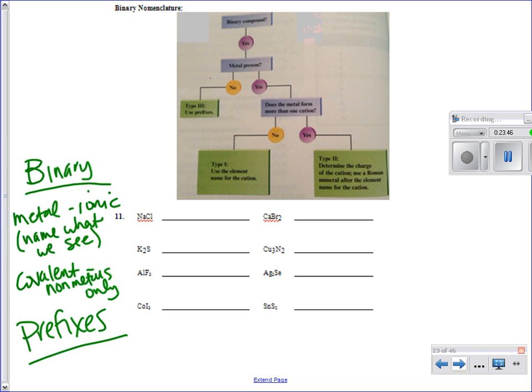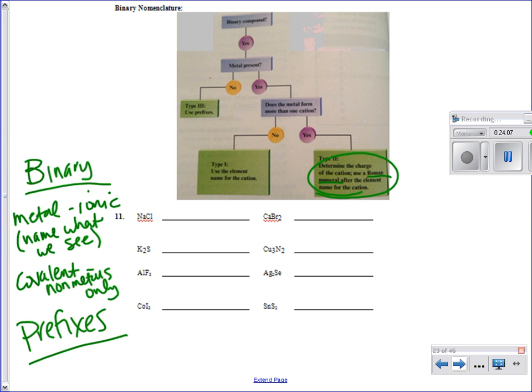No, we need something in there to tell us what the charge is. Roman numerals, maybe? Remember that? So that's what this little flow chart's telling you. If there's a metal present, does the metal form more than one cation? Yes, we need Roman numerals.